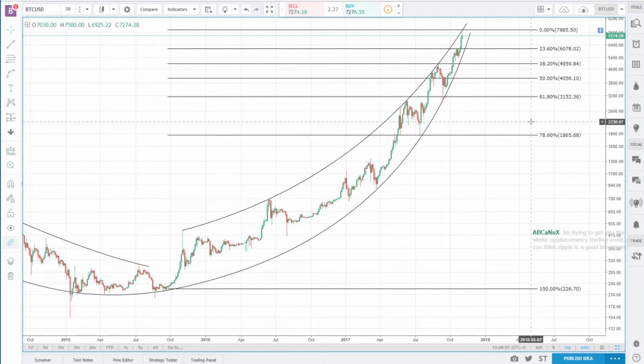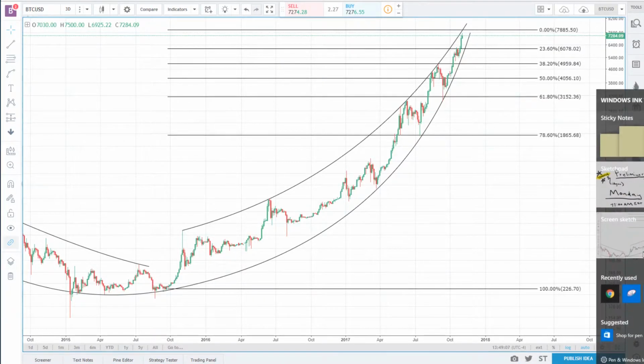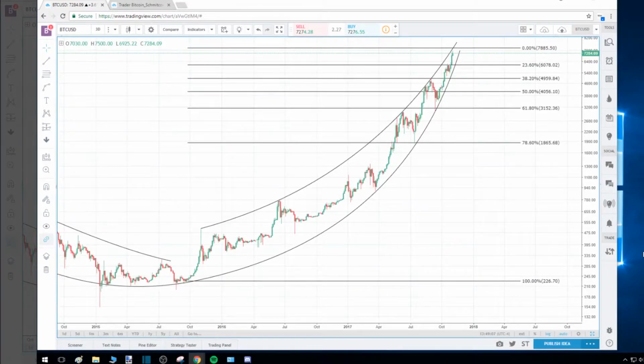So as parabolic curves are seen throughout the market, just because it pops this parabolic curve doesn't mean that it's going to zero. It doesn't mean that crypto's dead. It just means that crypto is starting, or Bitcoin, I'm calling Bitcoin equal to crypto because it's the market index of crypto, right?